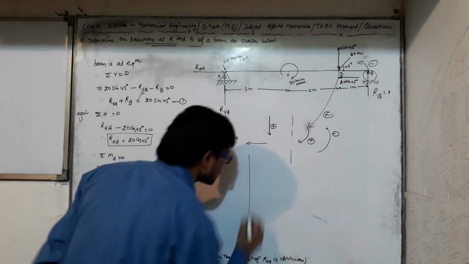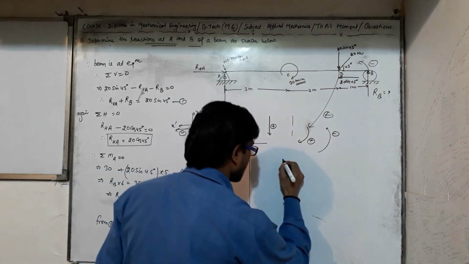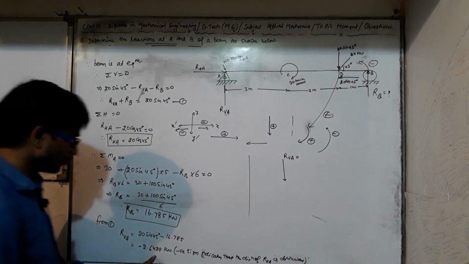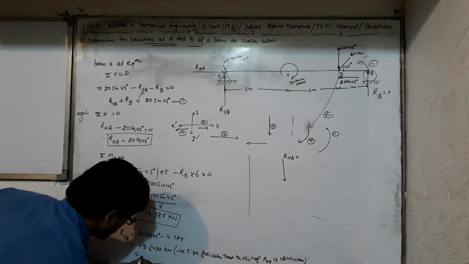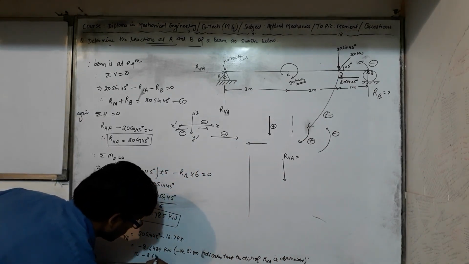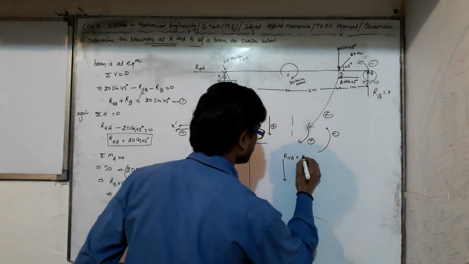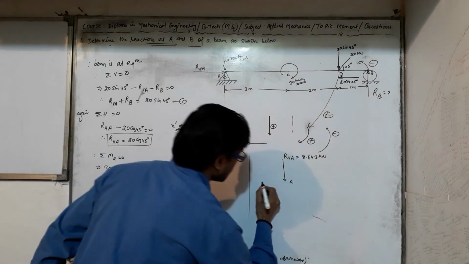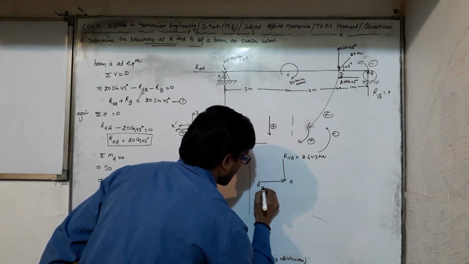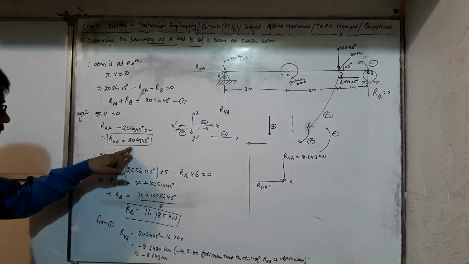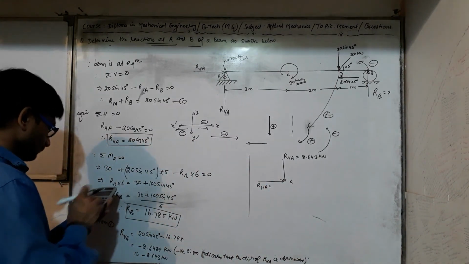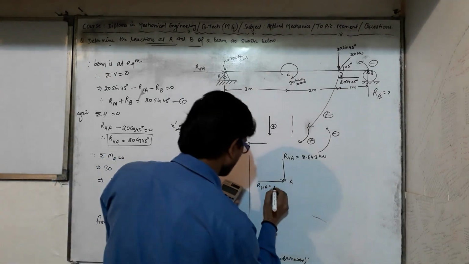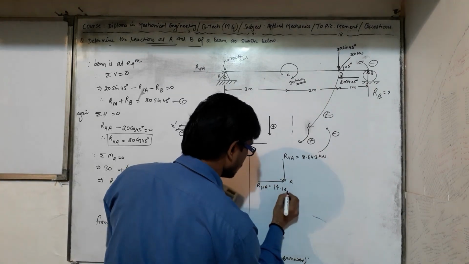It means at point A, RVA, whose value is 2.6429, approximately rounded off 2.643 kilonewton, is acting in the downward direction at this point A. And now the horizontal force in this direction, R horizontal at A, 20 cos 45, that is 14.14 kilonewton.